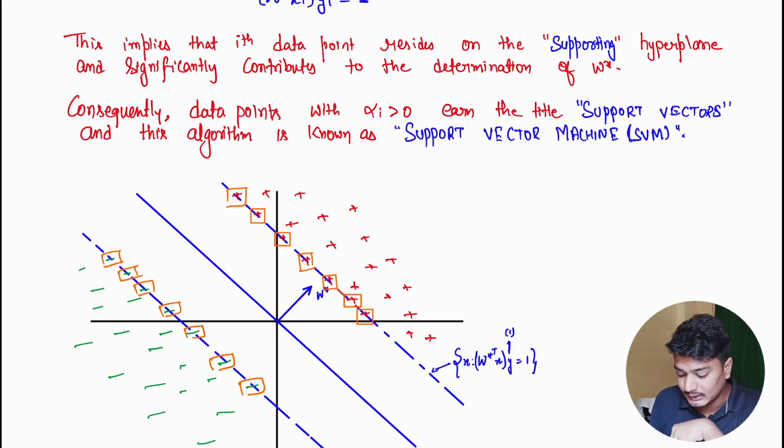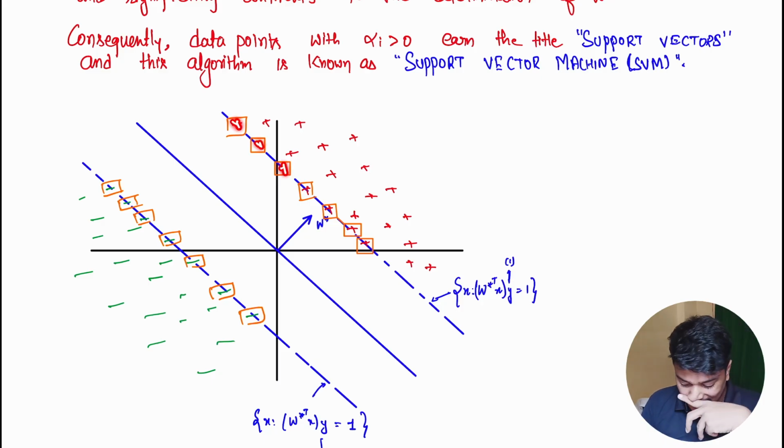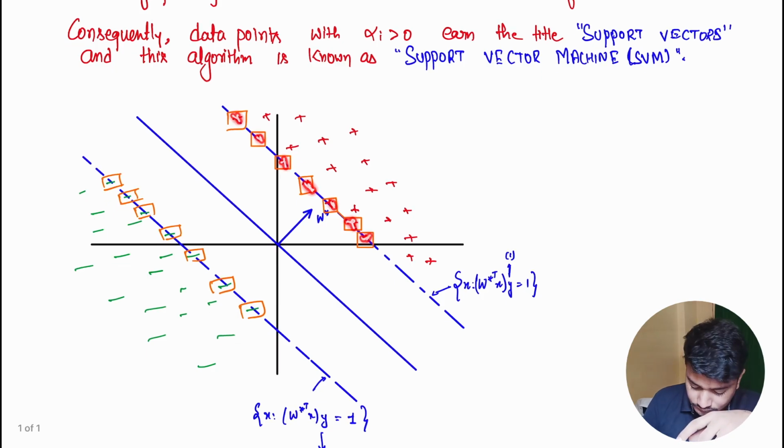Consequently, the data points with alpha i greater than 0 earn the title supporting vectors. And this algorithm is known as support vector machine. That is, for determining the optimal W, we only need those data points which are on these hyperplanes.